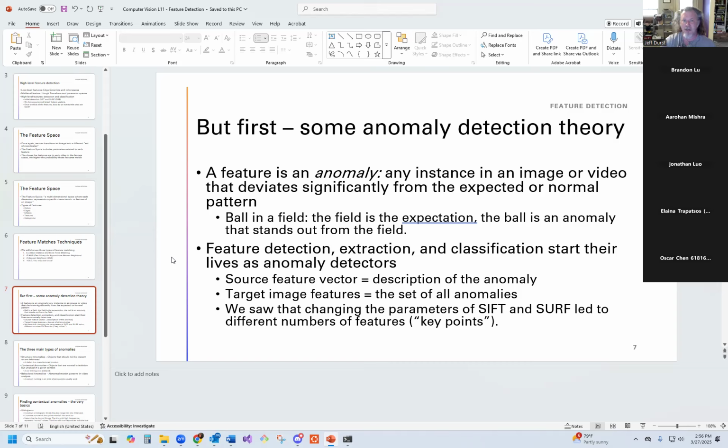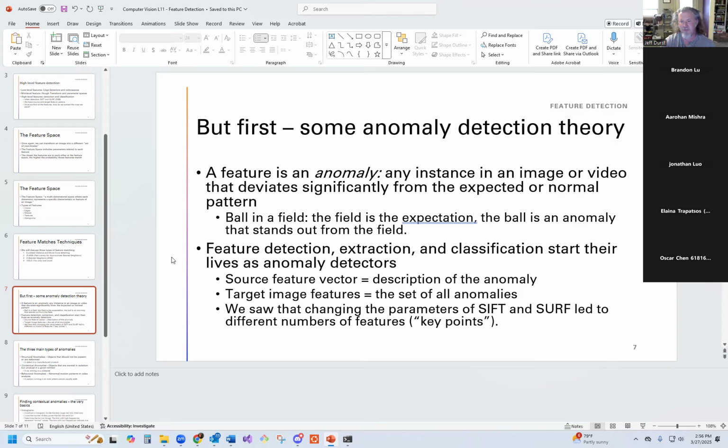So all of the feature detection algorithms we've talked about and all of the stuff we're going to talk about going forward, they're a bit like an anomaly detector with extra steps, right?